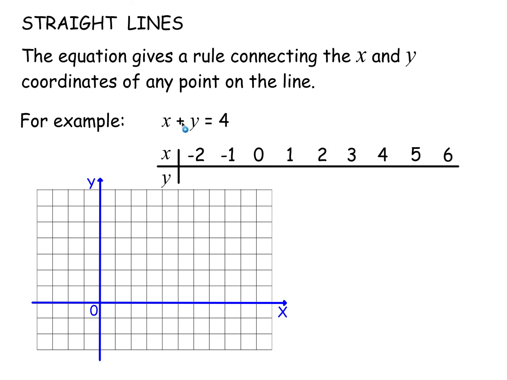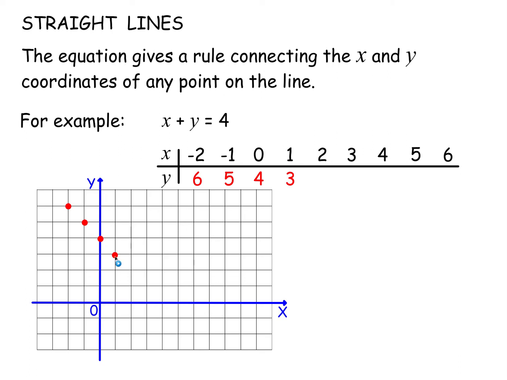So, if x plus y equals 4 and x was -2, that would require y to be 6. -2 plus 6 makes 4. There's that point plotted, -2, 6. When x is -1, y would need to be 5, so that -1 plus 5 equals 4. There's that point plotted, -1, 5. 0, 4. And there's 0, 4 plotted. 1, 3.